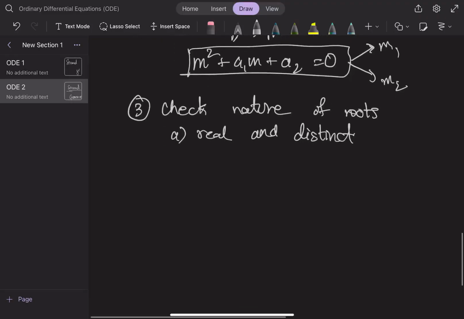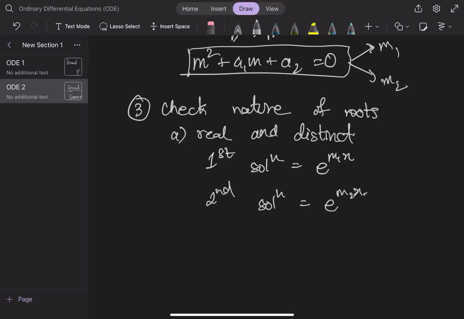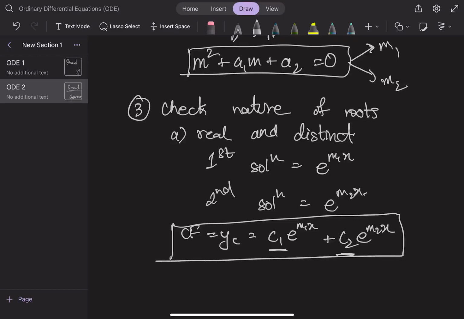Your first solution is e raised to power m1x, and the second solution is e raised to power m2x. So in this scenario, your CF or your yc becomes C1 e raised to power m1x plus C2 e raised to power m2x. You always have to add a constant coefficient when you are writing your CF.